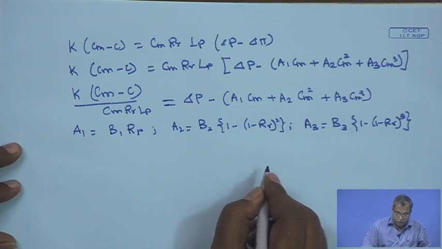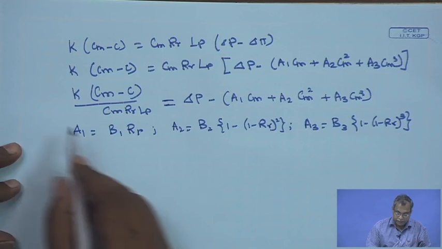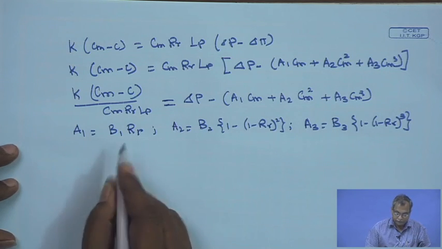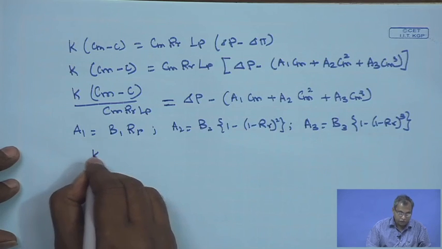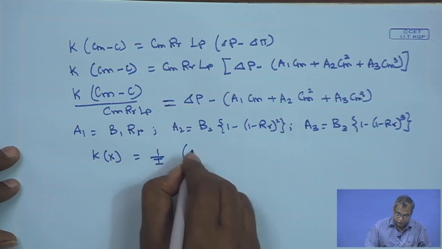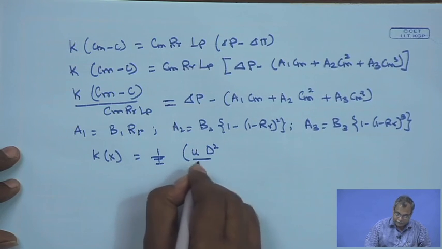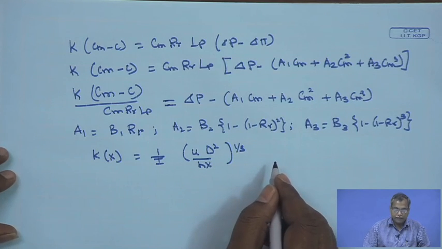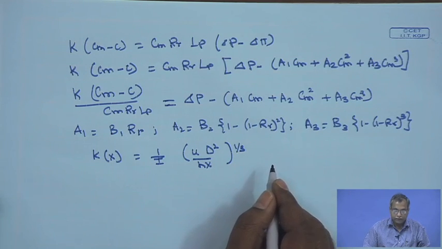So, now we have to find out what is the expression. So, this algebraic expression has to be solved. Also, k is a function of x, as we have seen earlier, that k of x is equal to 1 over I u d square by h x to the power 1 upon 3. If you remember the mass transfer coefficient analysis for the flow through a rectangular channel.